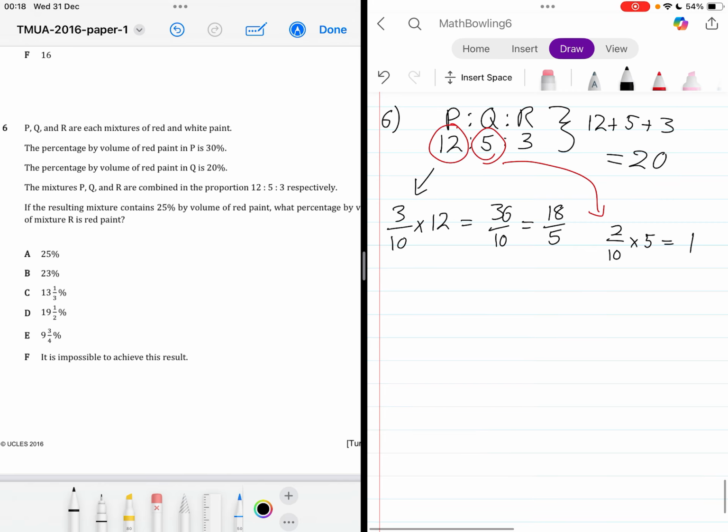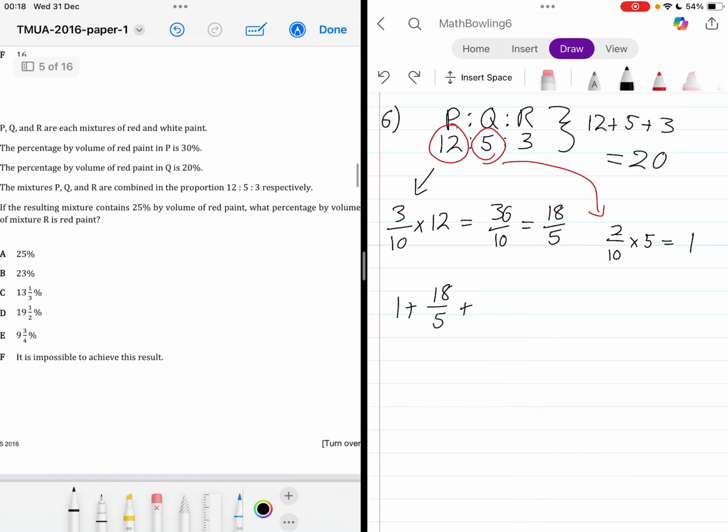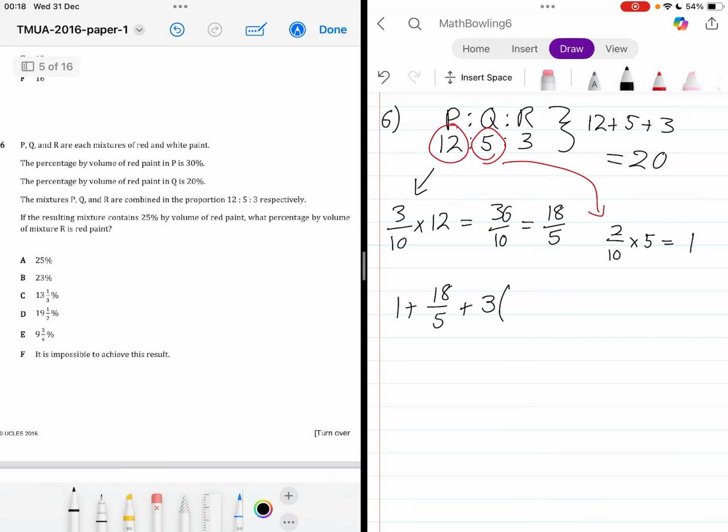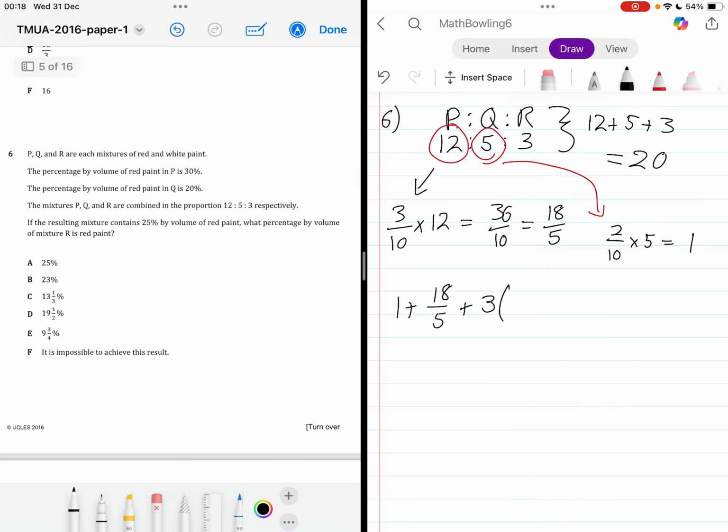And our current volume of red paint is 1 plus 18 over 5 plus 3 times the percentage of red paint in R. Apologies for the bad handwriting.